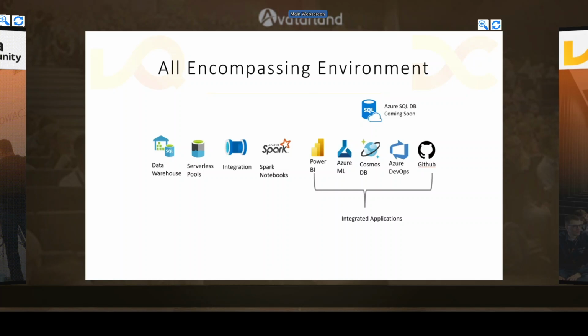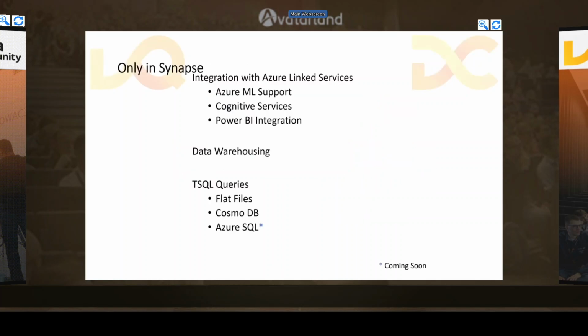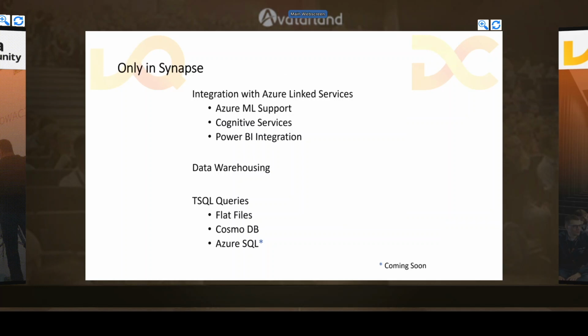So it's got some only-in-Synapse elements. So it's its integration with Azure linked services. This provides the ability to really directly connect to different elements without a whole lot of work. You just have to click on your linked services and you can connect to it. It's a little bit more complicated, takes some code, to do the same type of functionality within Databricks.